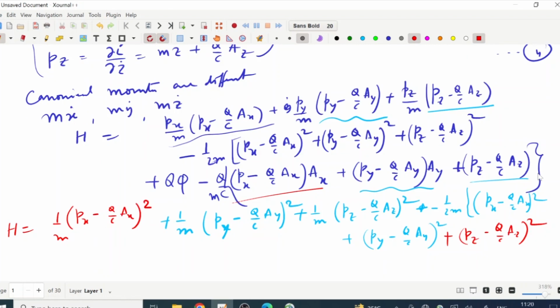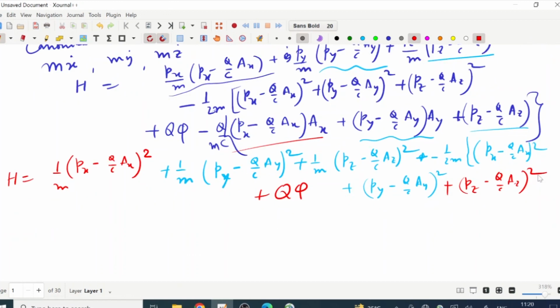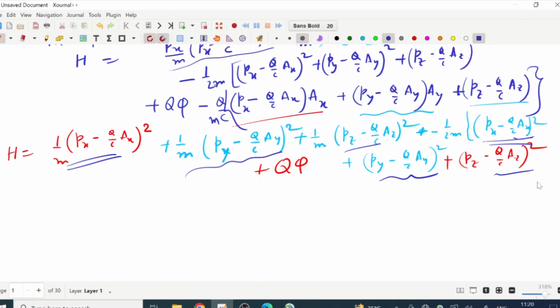And the scalar potential term, q phi. So this is all the terms. Now you can see again we can combine this term with this term, this term with this term, and this term with this term.